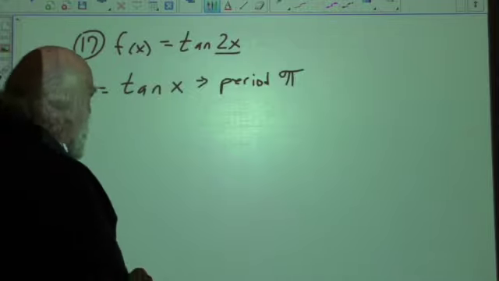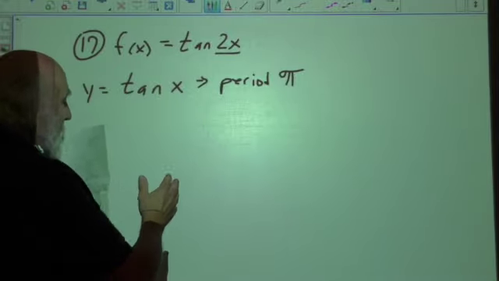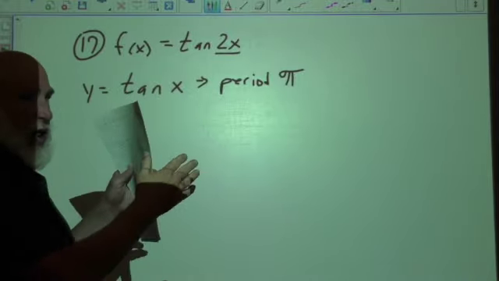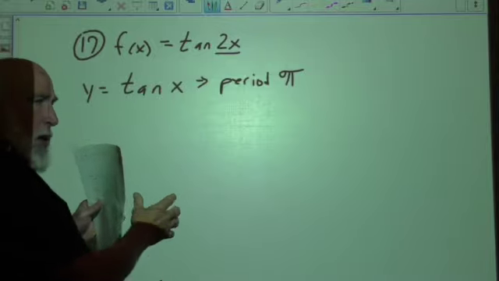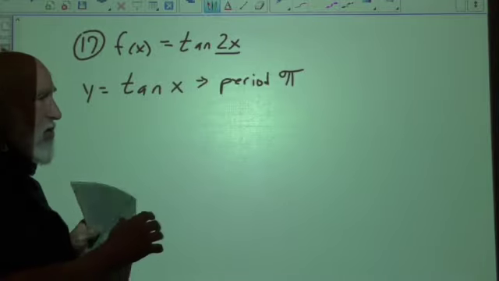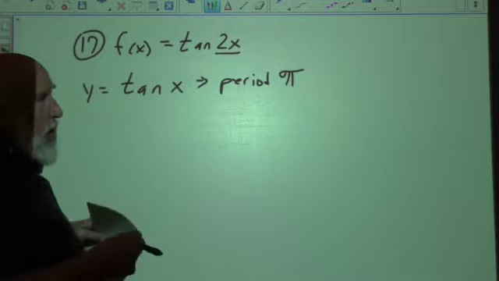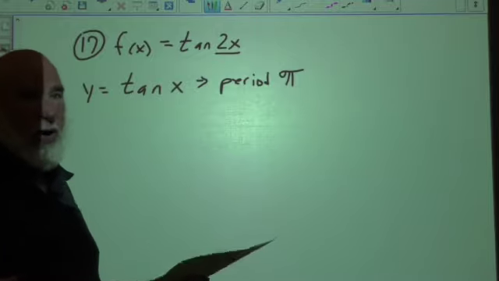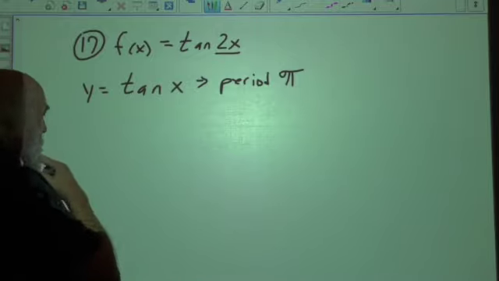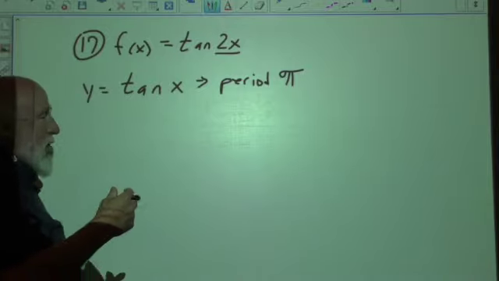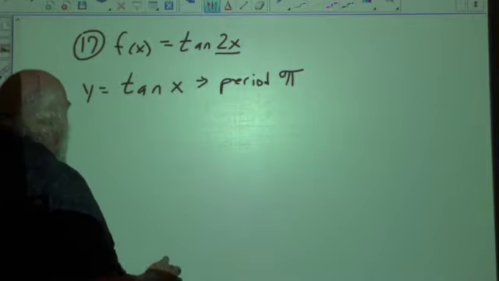Also, because of that, it's scrunched into half the space of the usual tangent of x. Instead of starting at, say, pi over 2, it's now going to start at pi over 4. So there's a number of ways you can represent this.